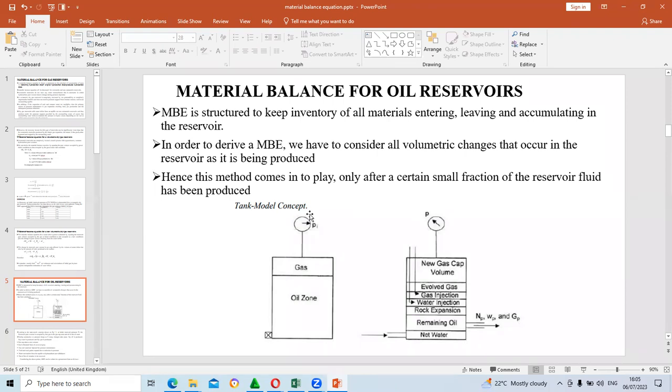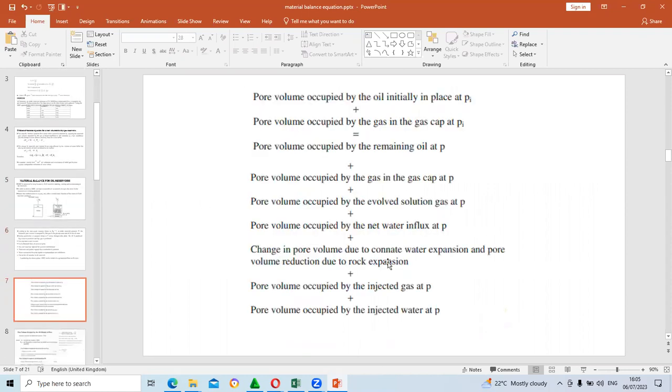This is why the material balance equation of an oil reservoir is very, very complex. So we'll just flip through some of these concepts to see how we can calculate the entire volume. Because if you remember, our concept is that the volume before is the same as the volume after. So before, we are talking of pore volume occupied by oil initially in place.